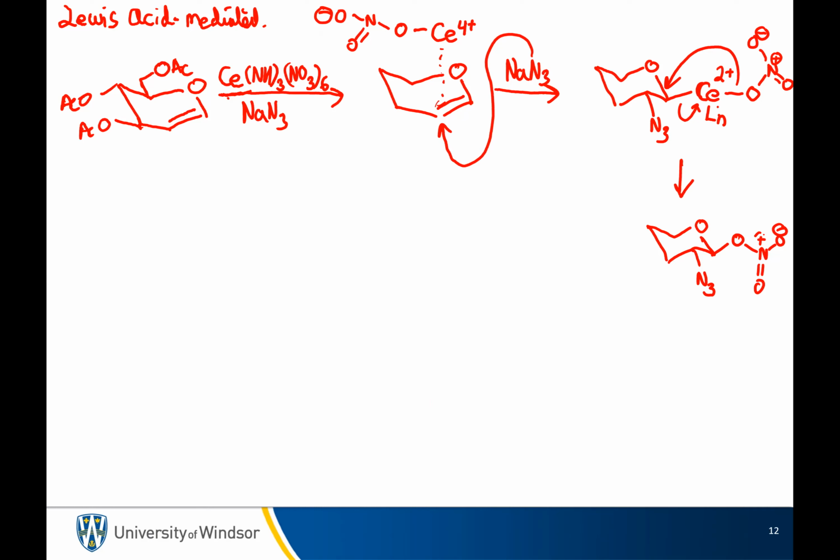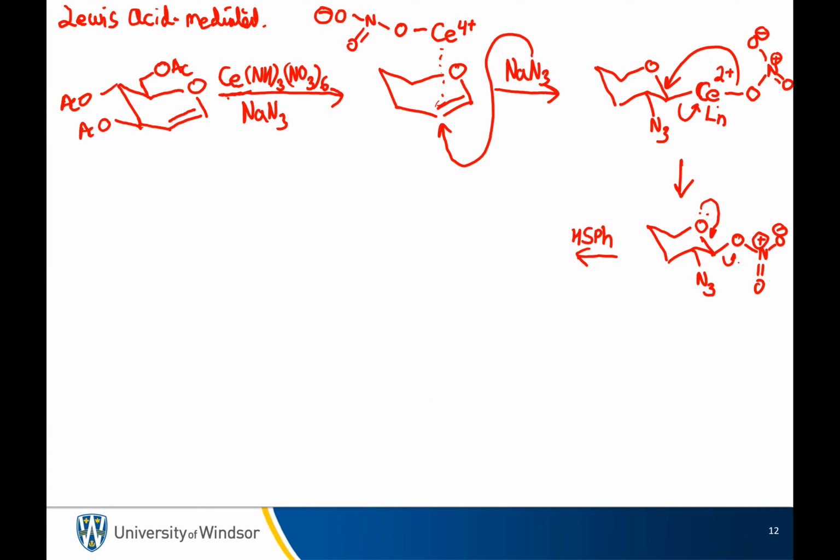Nitro groups are great leaving groups. That is not going to stay static for long. So often what ends up happening here is you treat this with almost any nucleophile, water, thiophenol, chloride, it doesn't really matter. Because this guy, now of course you need to do the twist boat, right?